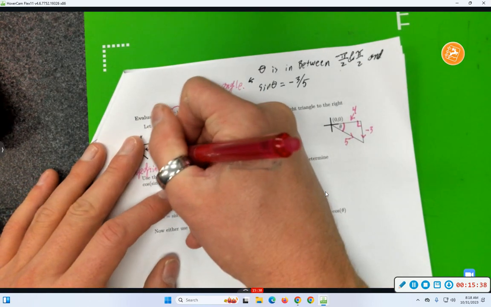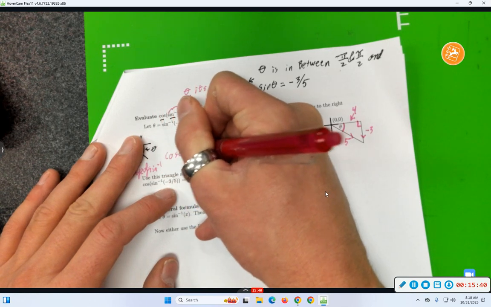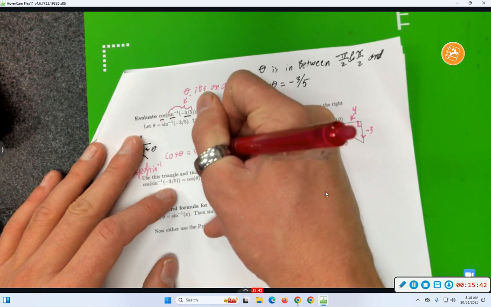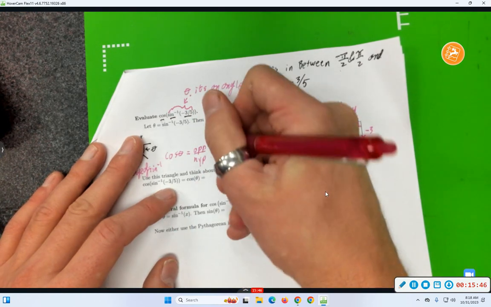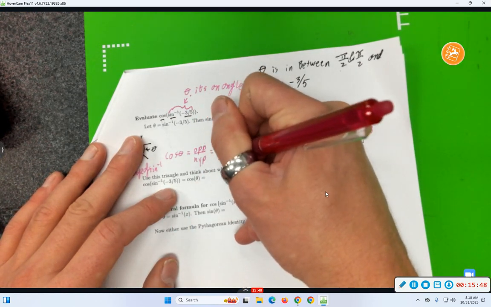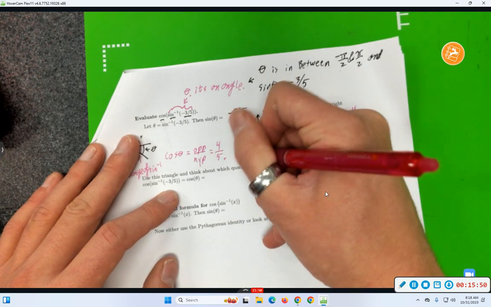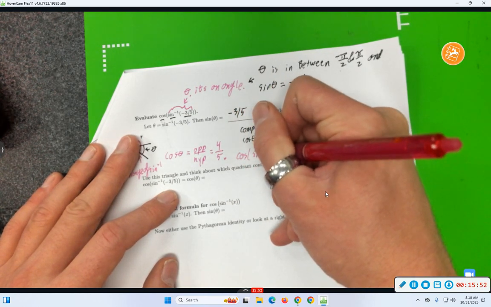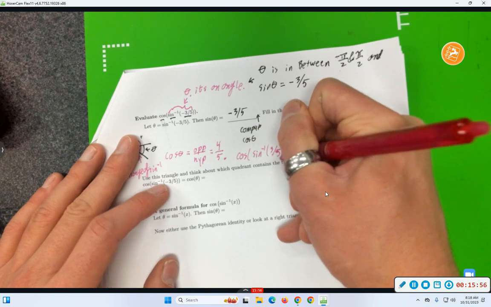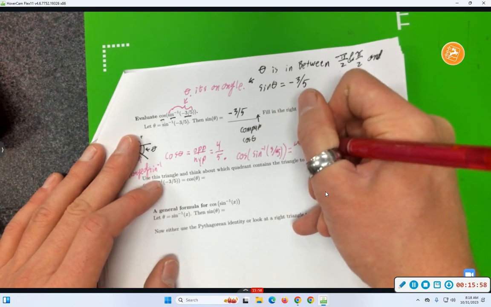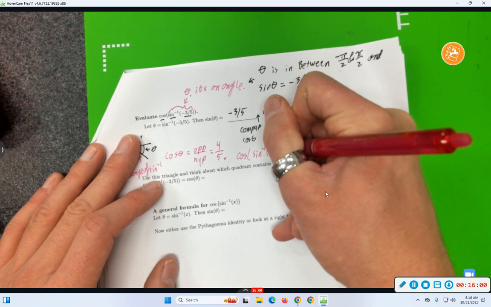You can now compute cosine of theta is equal to adjacent over hypotenuse. That's 4 over 5. So that means that the cosine of the sine inverse of negative 3 over 5 is 4 over 5.